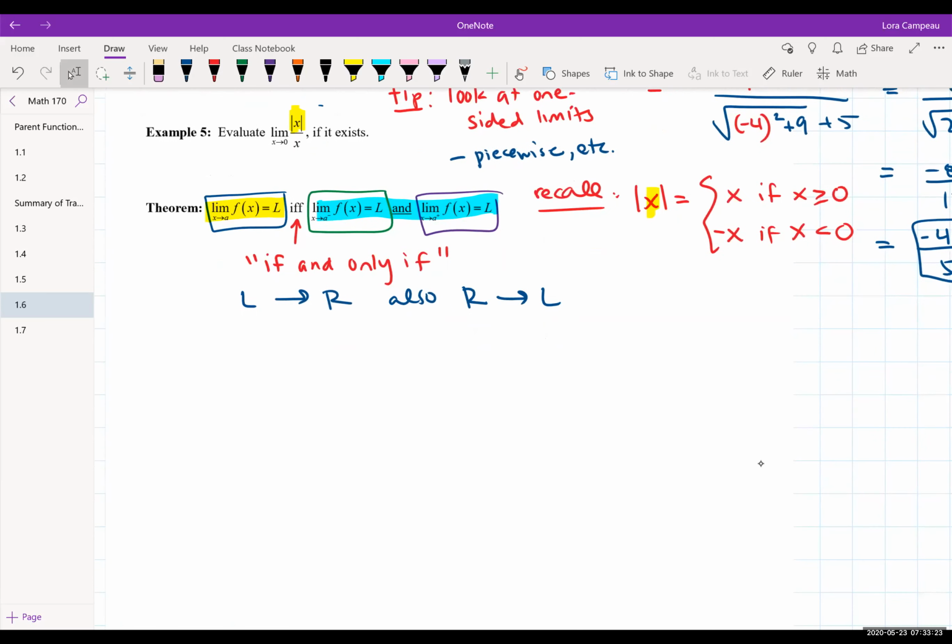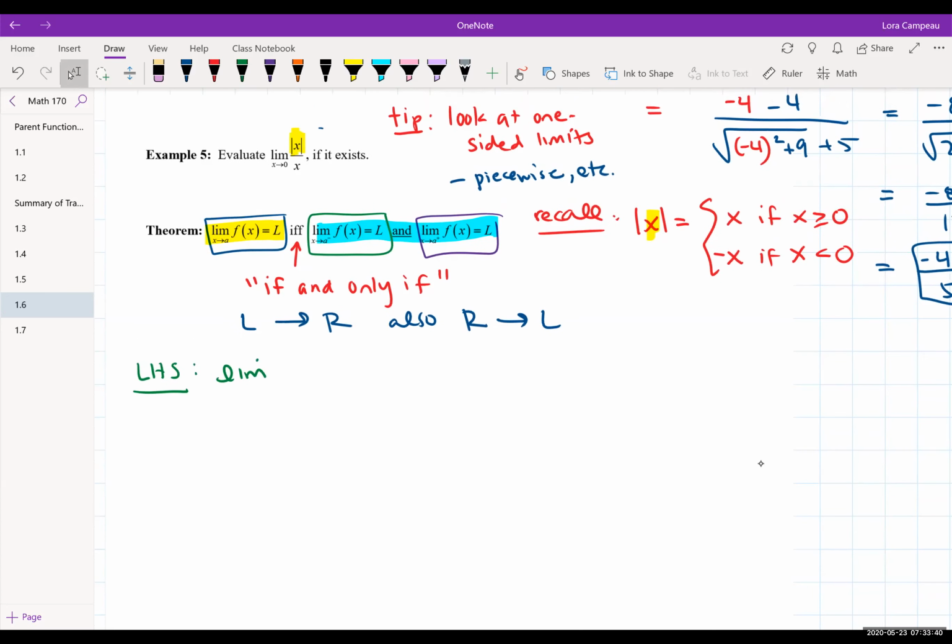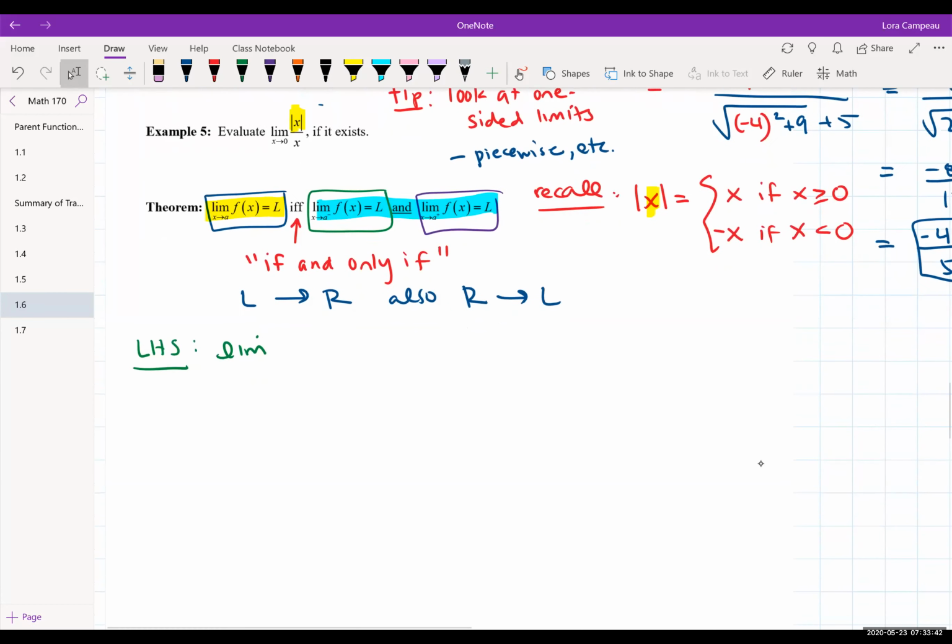So what I would like to do is break this up into two pieces. I'm going to look at the left-hand side, and I'm going to look at the limit approaching from the left. So let's see if I can write this out. So the limit, I'm not going to use the generic notation, I'm using my actual example 5 notation. The limit as x approaches 0 from the negative side.